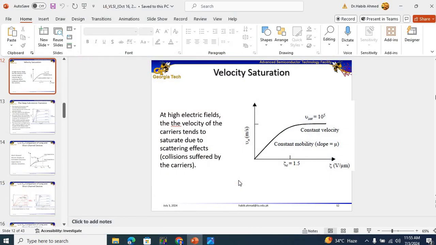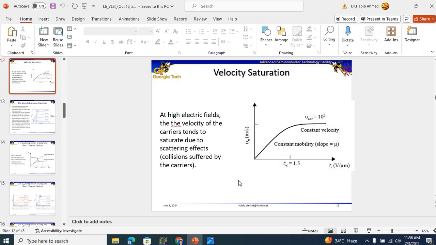Now, I also told you that we will discuss the Silvaco TCAD simulation of a 1 micrometer CMOS inverter. Anything around 1 micrometer or above channel length is considered a long channel device, and anything around 100 nanometers or below, or even something way lower than 1 micrometer, is considered a short channel device.